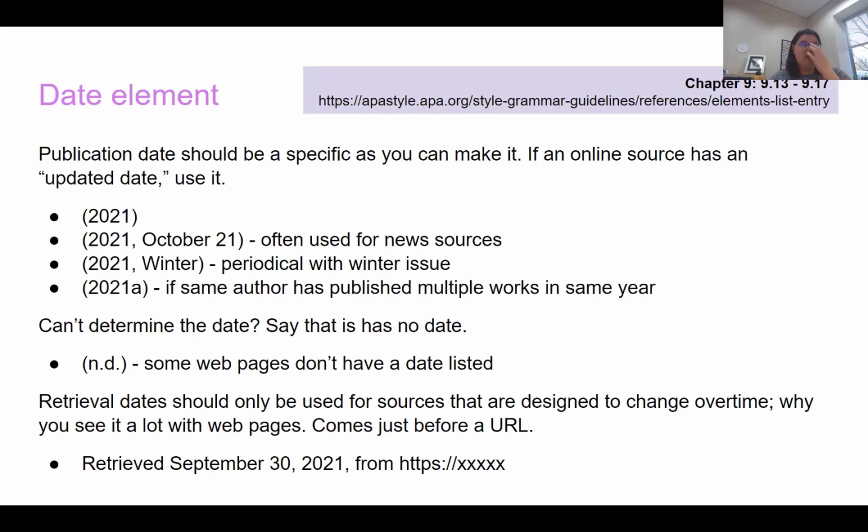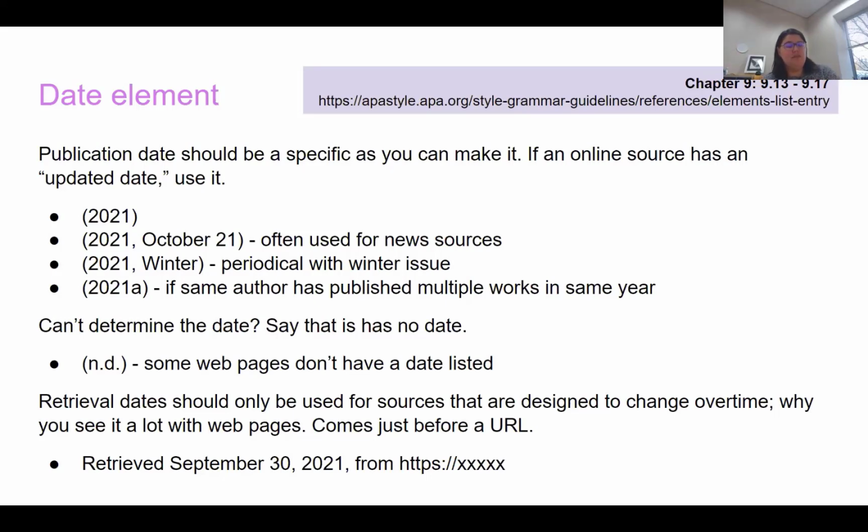And this is something that APA has done a lot with, is to try to help you navigate what to do if there's missing information. I'll show you a little bit of a table later on that gets into that a little bit more. Okay. The last bit of a possible date element is called a retrieval date.